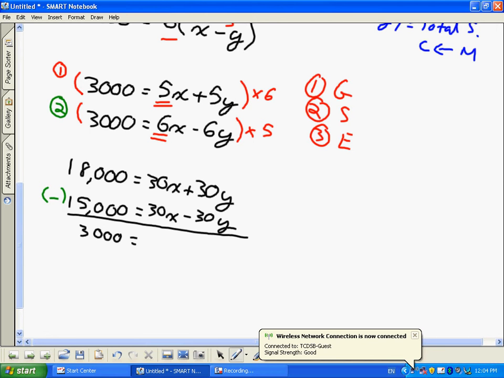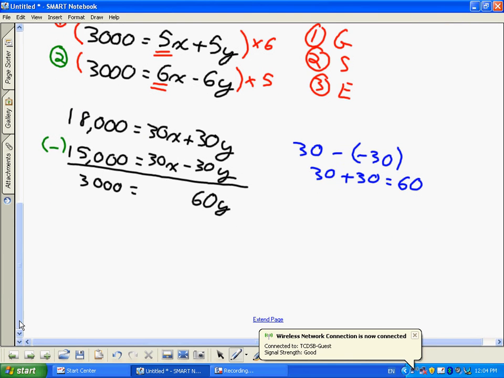This is the part that gets tricky, okay? 30 subtract negative 30. So that looks like this: 30, positive 30, subtract negative 30. That's right. It can also be looking like this, 30 plus 30, 60. So 3,000 is equal to 60y.